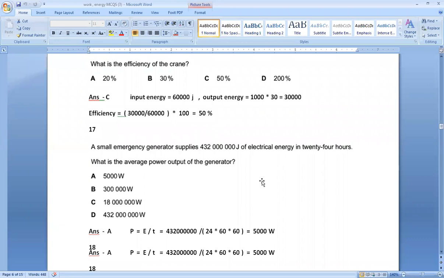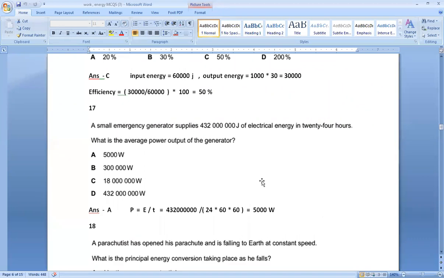For power, we have the formula energy divided by time. Energy should be in joules and time should be in seconds. So to calculate the power, I am using P is equal to E over T.